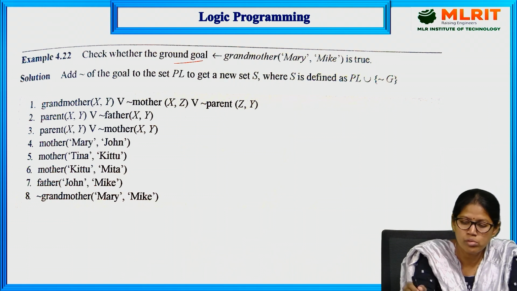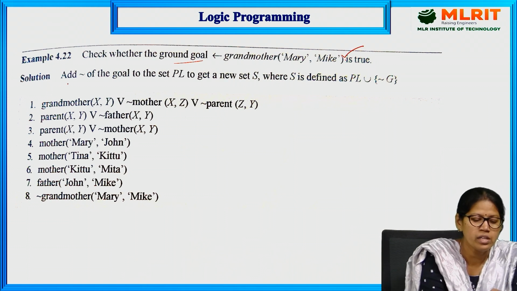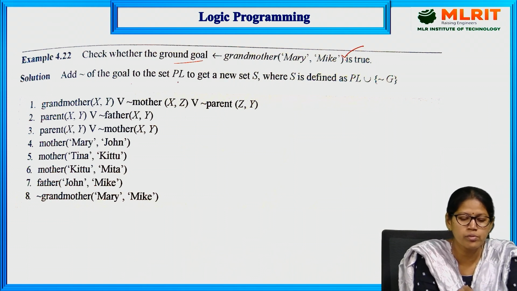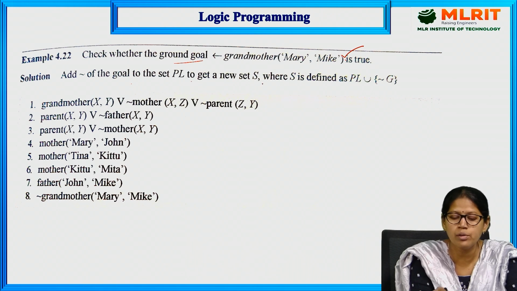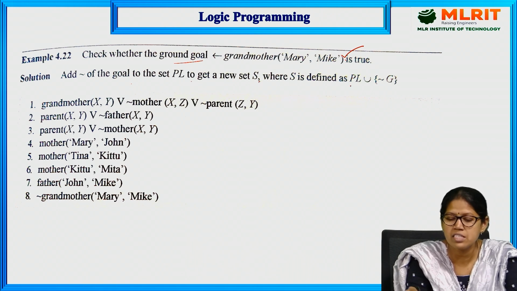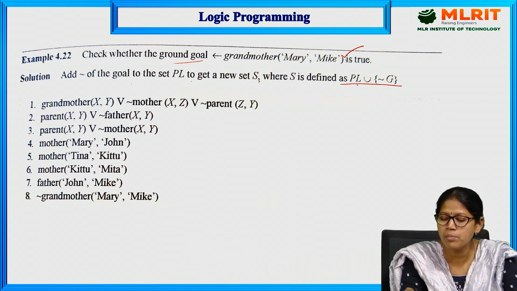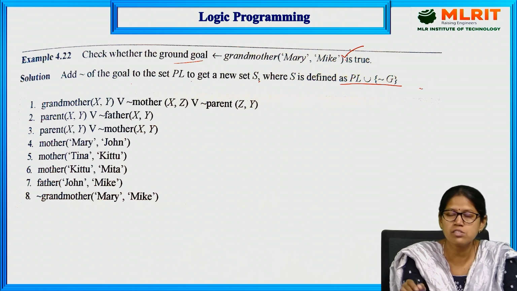To do this, we need to add the negation of the goal to the set PL to get a new set S, where S is defined as PL union negation of G. Then we can say whether it is true or false.